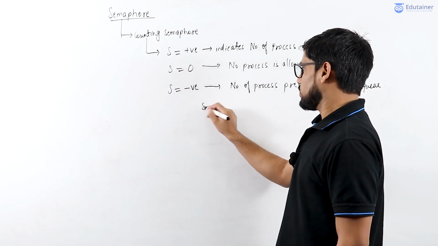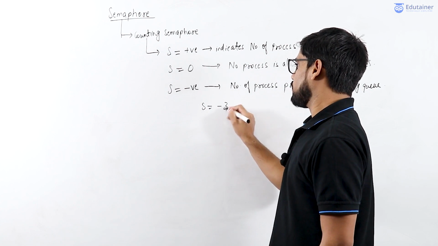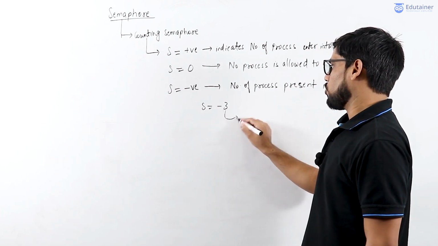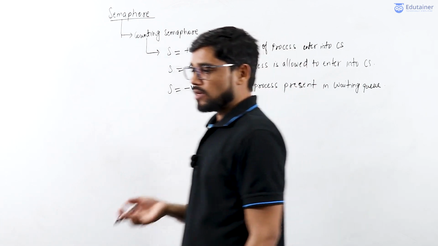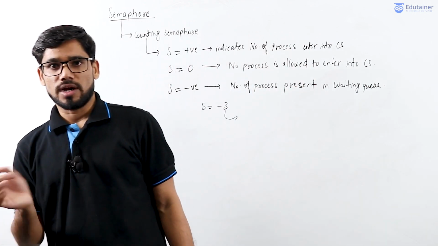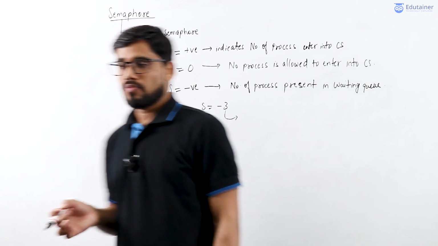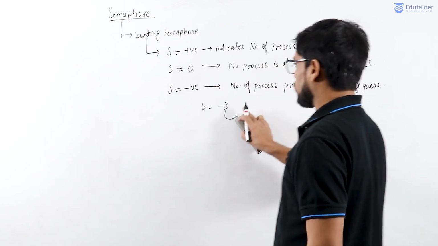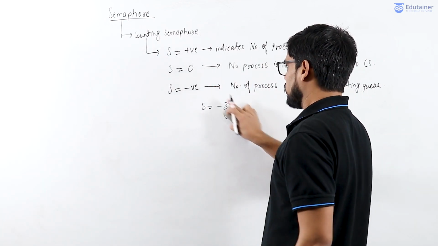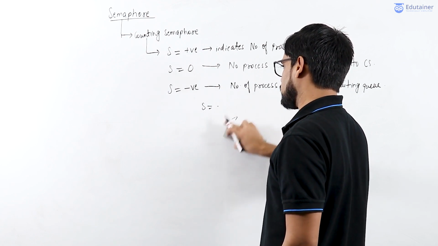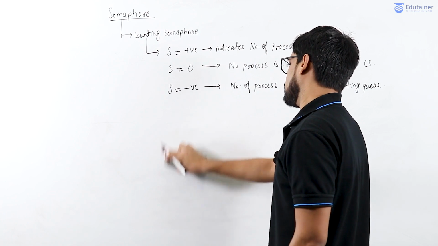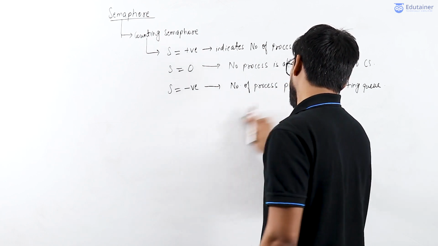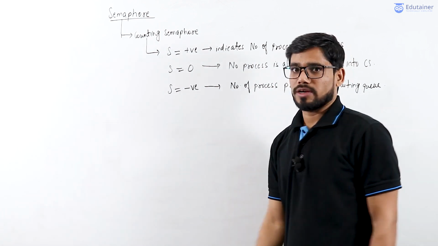For example, if S is equal to -3, it means a total of 3 processes are waiting in a queue to get a chance to enter into the critical section. These 3 processes waiting in the queue will get a chance in first in, first out order. Means based on their waiting time, they will get the chance to enter into the critical section.